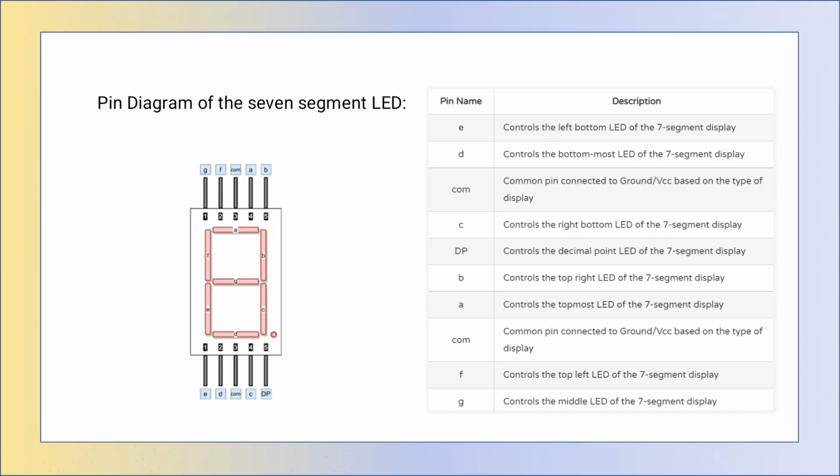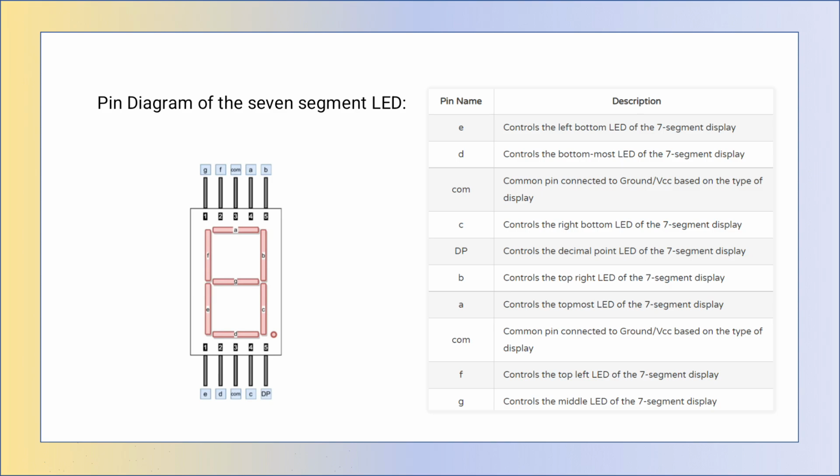The next slide is the pin diagram of the 7 segment display. Each pin has a different definition and function. A controls the topmost LED of the 7 segment display, and B controls the top right LED.